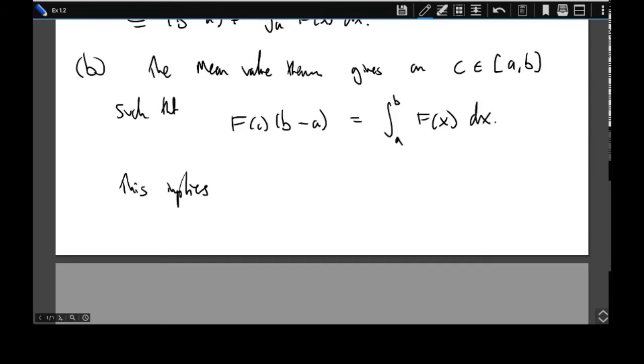This we should take here without loss of generality. We can take b larger or equal to a, although it would also be true for less than or equal, but just for ease of notation.